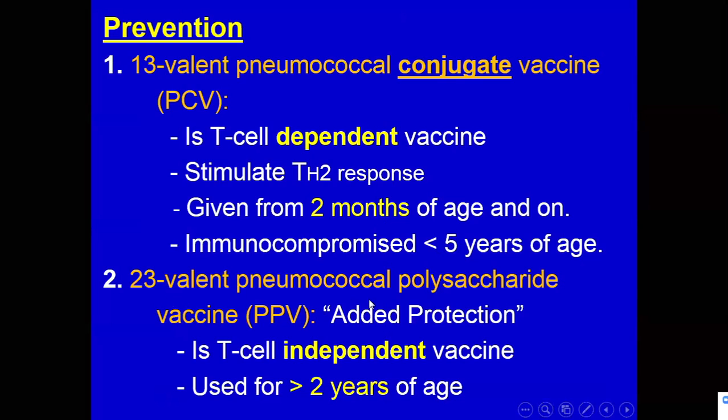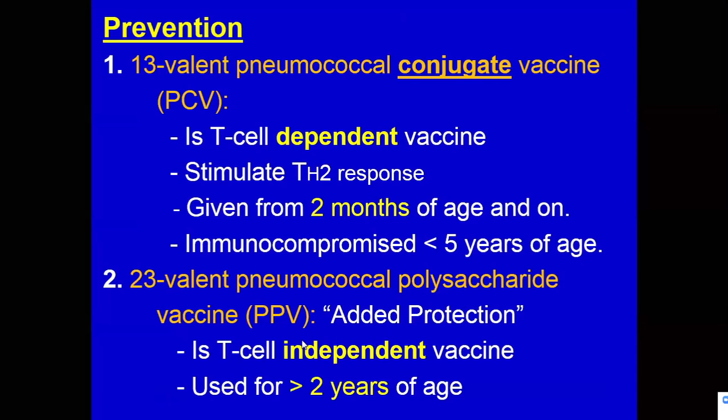The 23-valent pneumococcal polysaccharide vaccine, PPV, has added protection. Why added protection? Because it covers 23 serotypes; the first one had 13. This vaccine is a T-cell independent vaccine, which means it does not require the help of T-cells to stimulate the immune response.